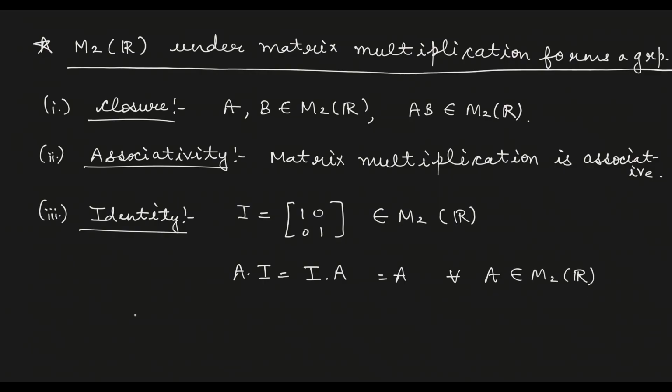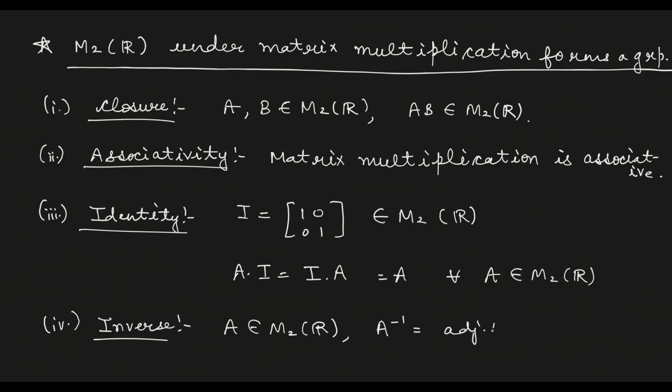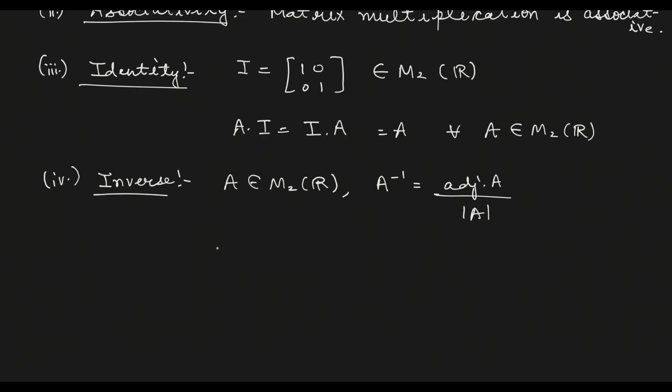Now what about inverse? If A belongs to M2R, in case of inverse, we have to first take it as non-singular. The A inverse formula is adjoint of A divided by determinant of A. And if determinant of A is 0, then inverse will not exist.